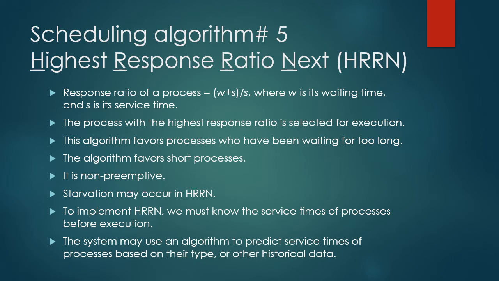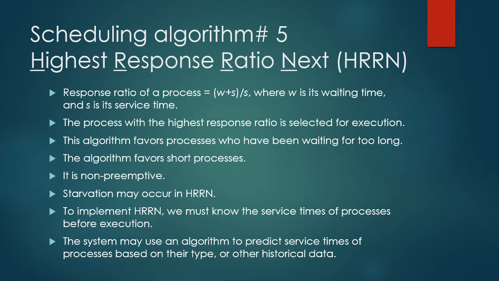The process with the highest response ratio is selected for execution in this algorithm. This algorithm favors processes who have been waiting for too long. The greater the value of W, the higher the response ratio. We say HRRN considers the age of the process in selection.